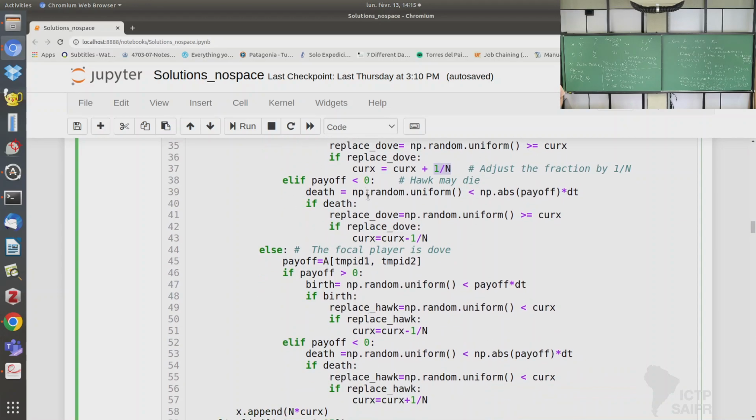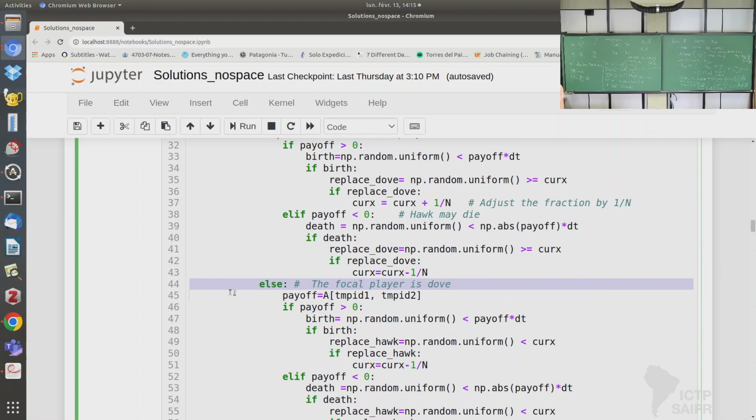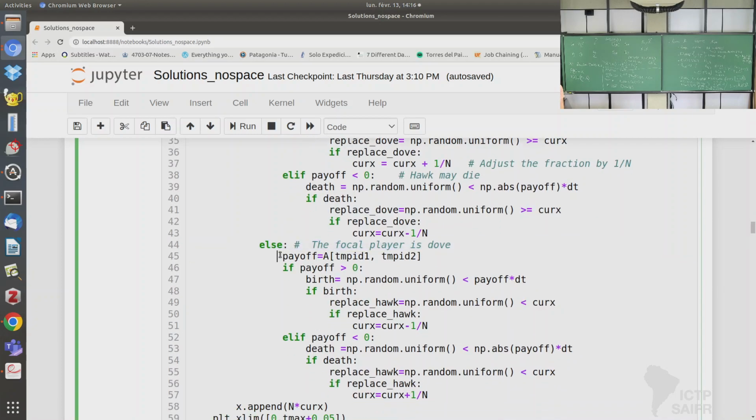Then you need to check whether that's a death, okay, same thing, but now you have x times 1 minus x, and then you need to do the case that I didn't write down, but it's the simple transposition of this, that if the focal player is the dove, then you also have to evaluate the payoff.